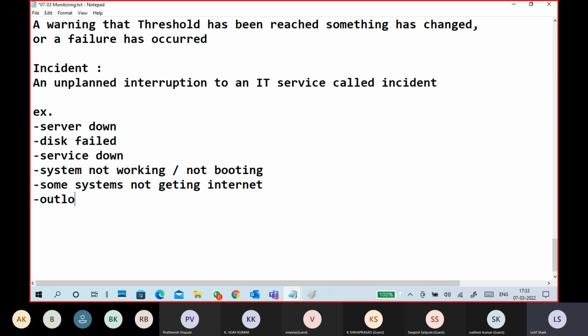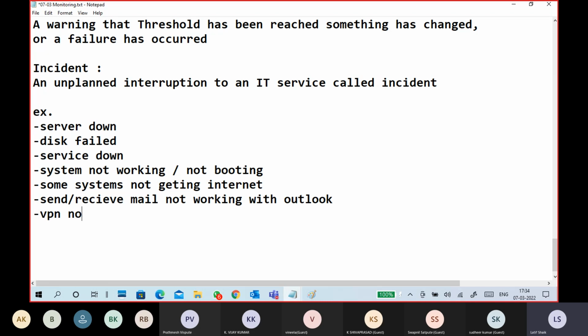Outlook: sending and receiving mails not working with the Outlook application. A lot of things are there.